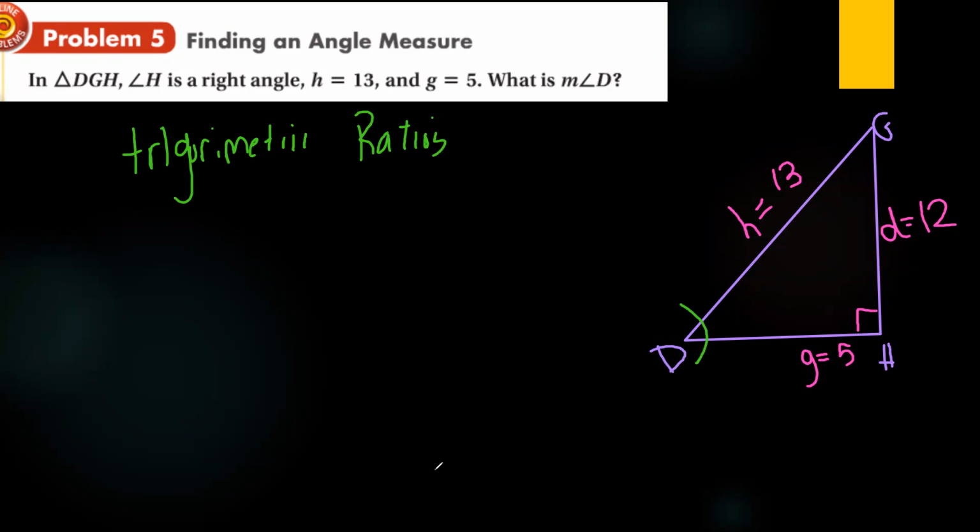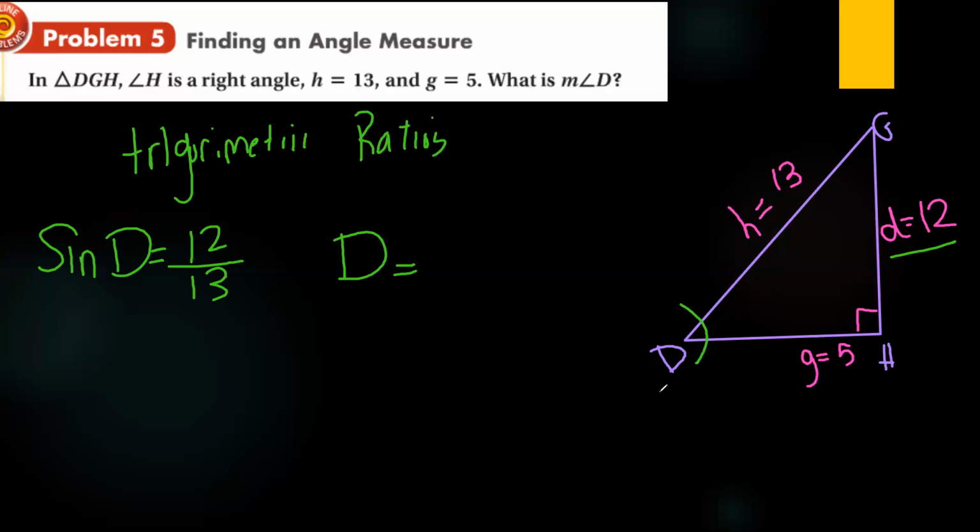Now here, once one of you says, teacher, I want to use sine. Fine. Let's say sine of D is the opposite over hypotenuse, which is 12 over 13. And what did I find now? I found sine of D. But I don't need sine of D. I need D only. So to find D only, what you have to do?